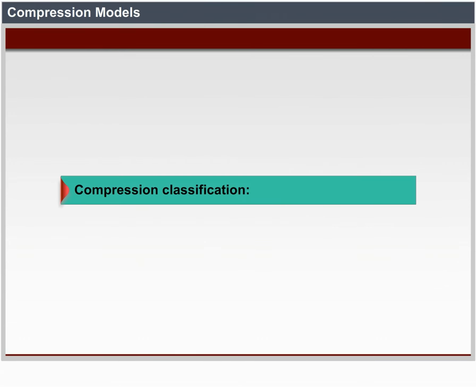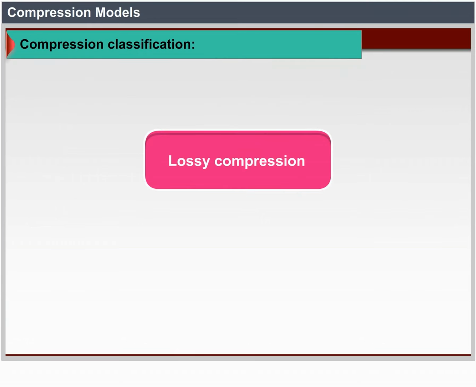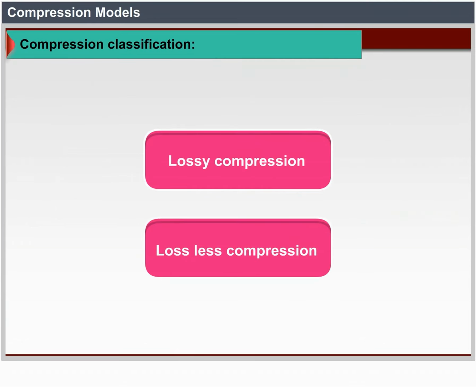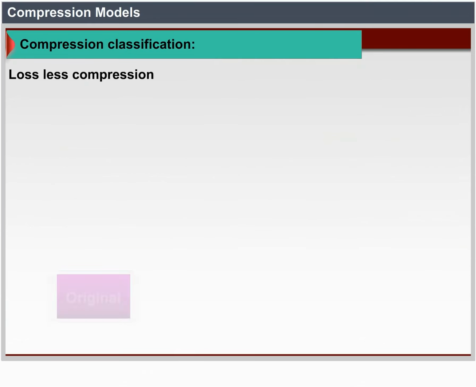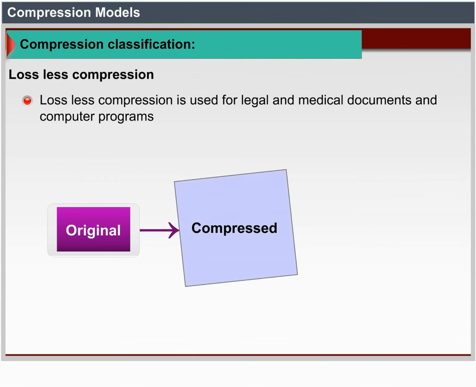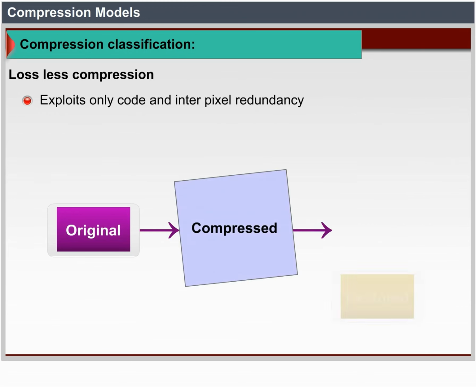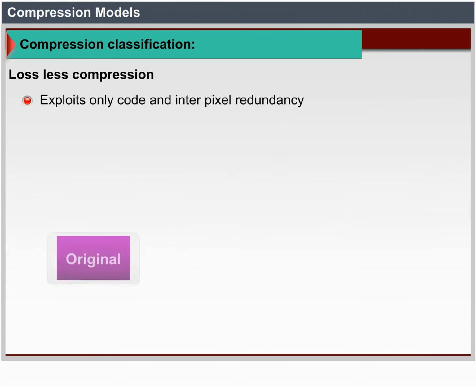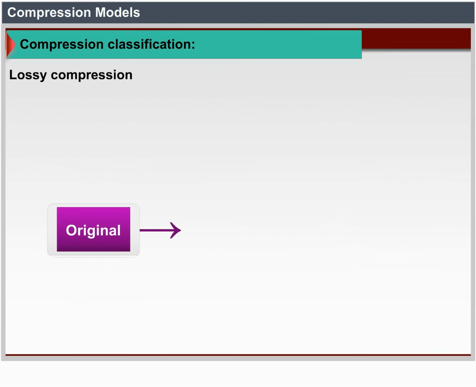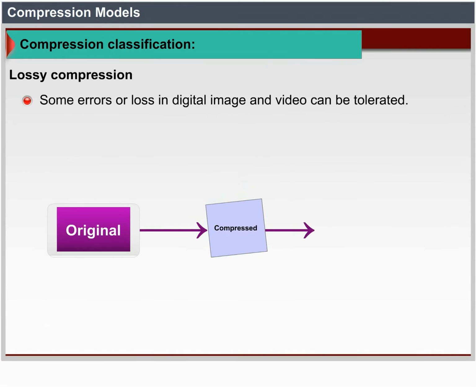Compression classification: lossy compression and lossless compression. Lossless compression is used for legal and medical documents and computer programs. It exploits only code and interpixel redundancy. Lossy compression is used for digital image and video where some errors or loss can be tolerated.